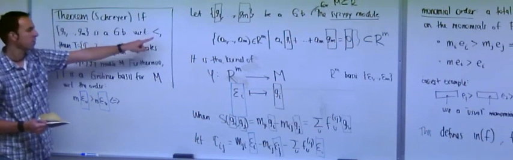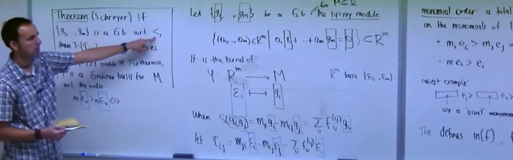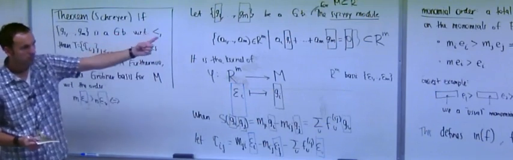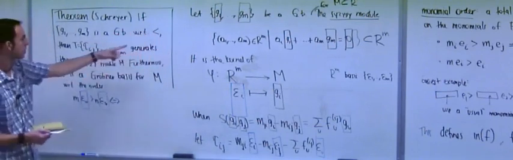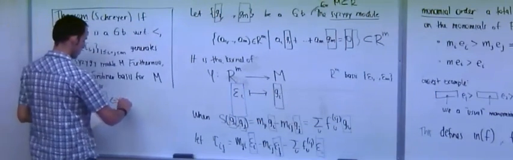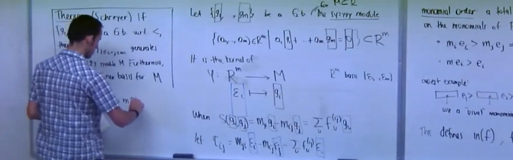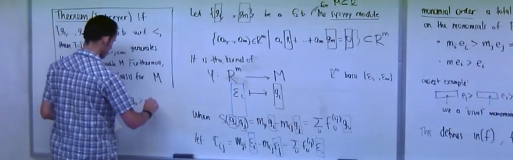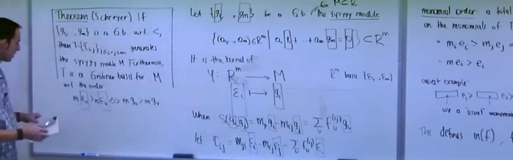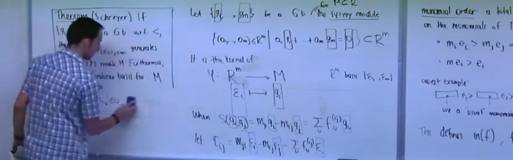So I started with a comparison in R to the n. Okay? So in that case, it was just a comparison in R to the 1. And I'm going to use that comparison here.